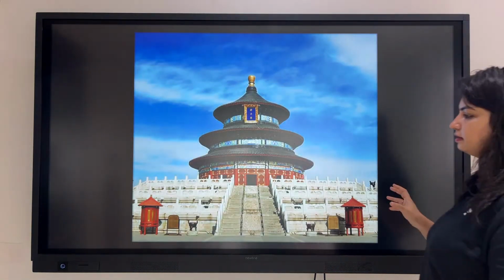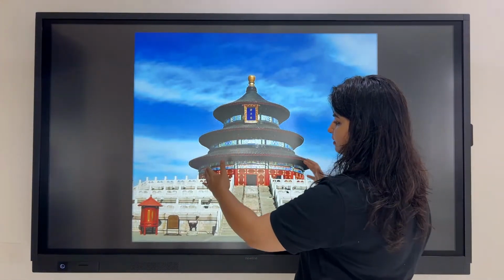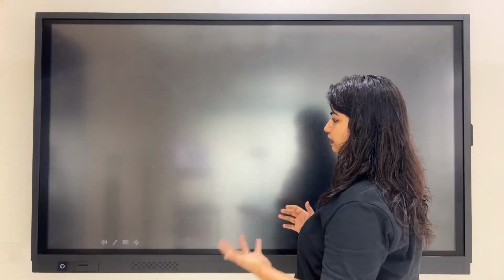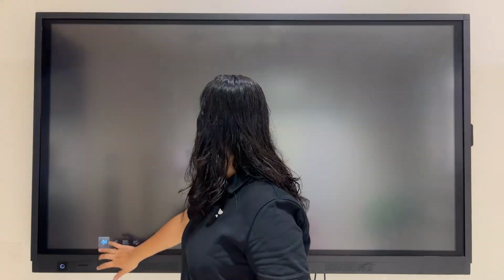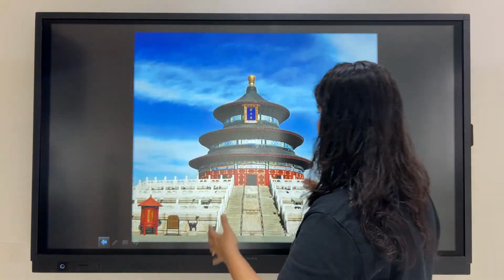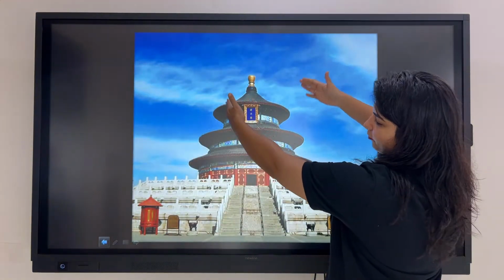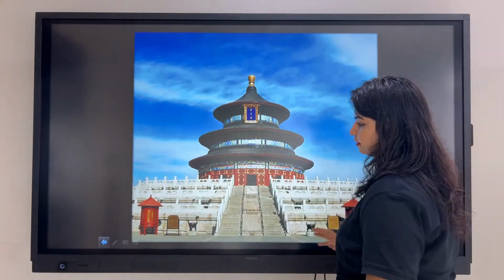So this is what I was talking about. In certain monuments, you actually see the elements getting increased in size, right? If we go from the top to below, you'll have this thing increase in size.